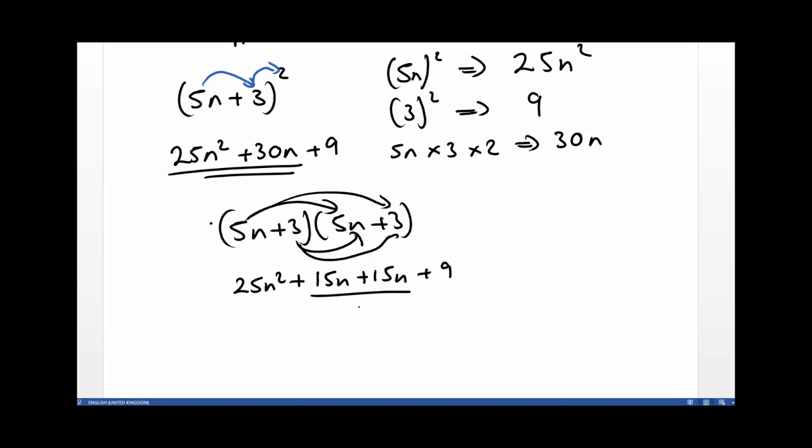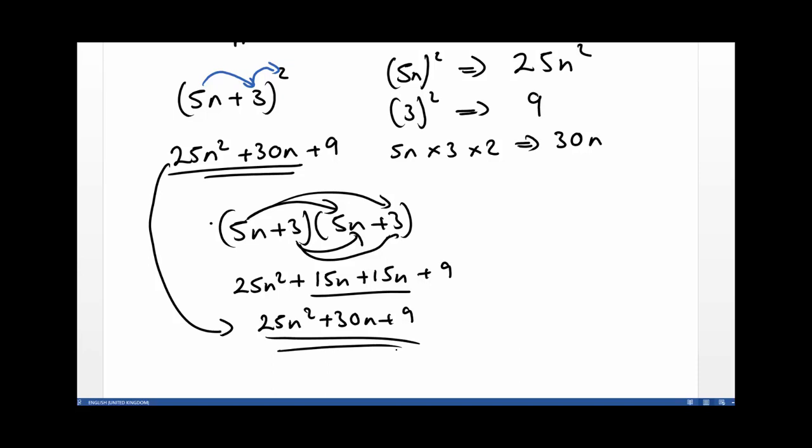Simplify these two here. You're going to get 30n. So that's 25n squared plus 30n plus 9. You see, this answer is identical to this one here. Okay, so going forward, we're going to be using the shorthand method to expand out brackets.